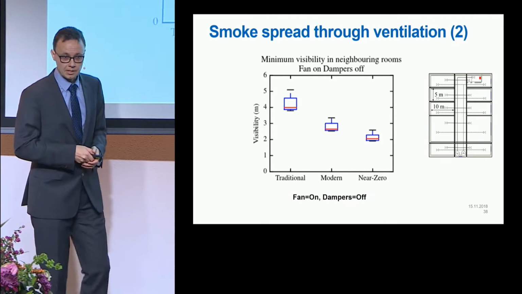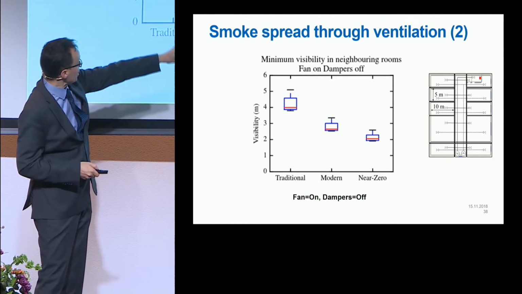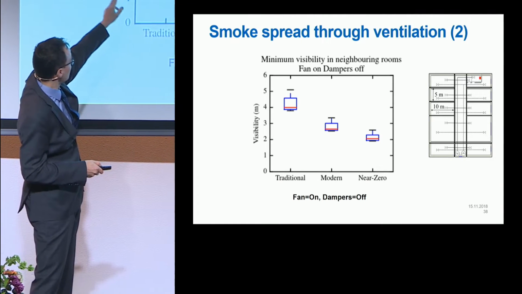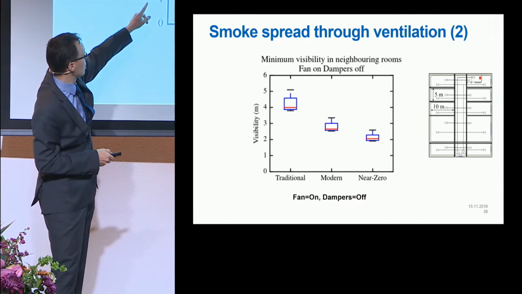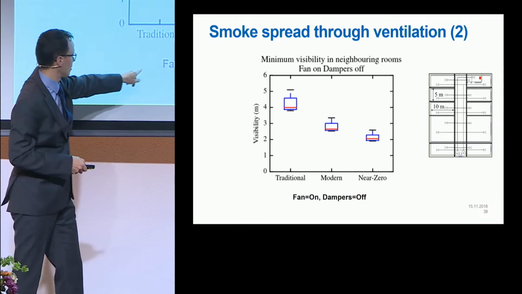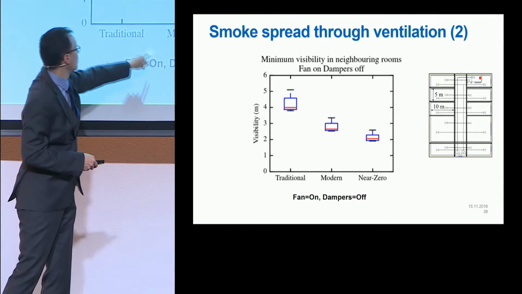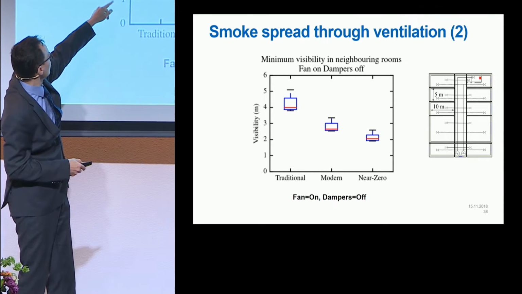In terms of visibility values, if we look at the range in the neighbors, this box now represents the visibility values in the neighboring apartments. For traditional buildings, we see that with fan operating and no dampers, the visibility goes down to the order of 4.